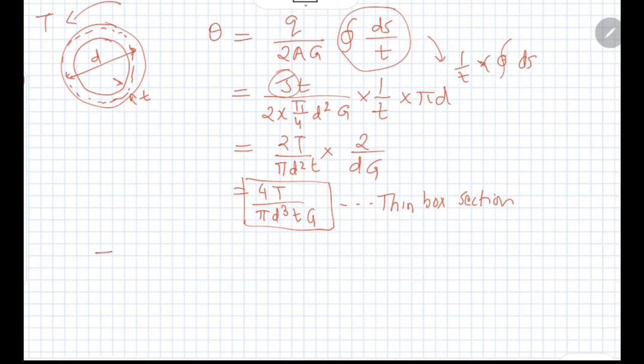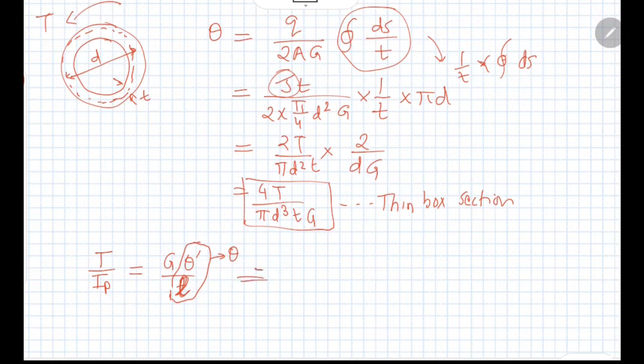So in the classical method we have T divided by IP equal to G theta dash by L. I am writing theta dash in order to make it separate from our earlier notation. So theta dash by L is the angle of twist per unit length which we are trying to find out.